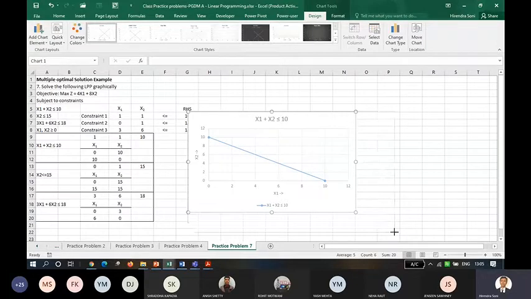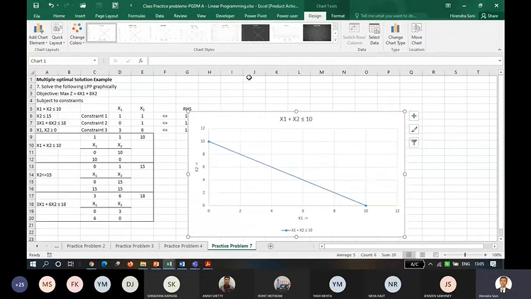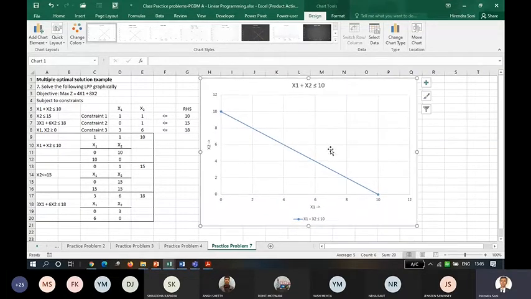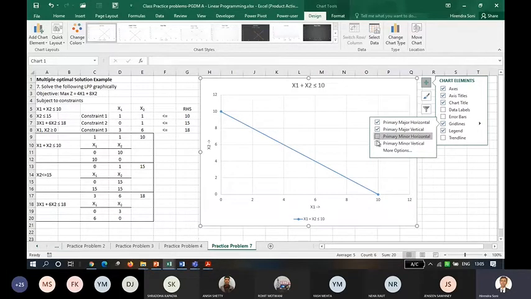Let us enlarge it a bit so that we are able to see everything more clearly. Let us add grid lines also in case we may require. I do not know yet whether we will need them, but let us add them. There is no harm.